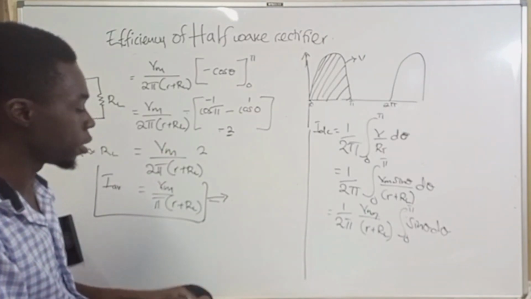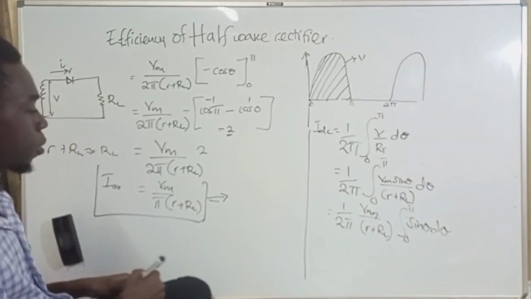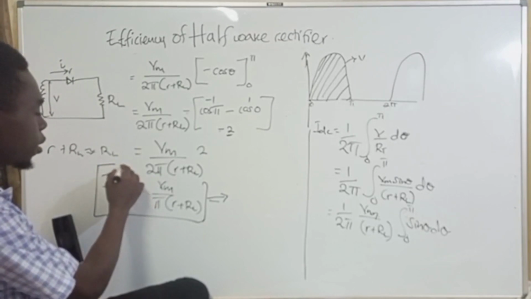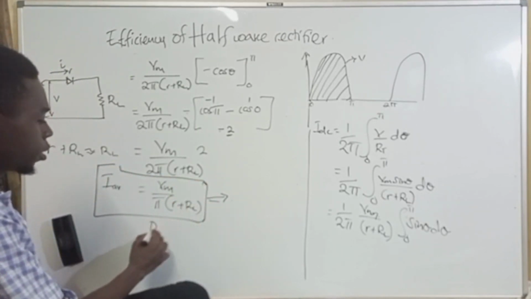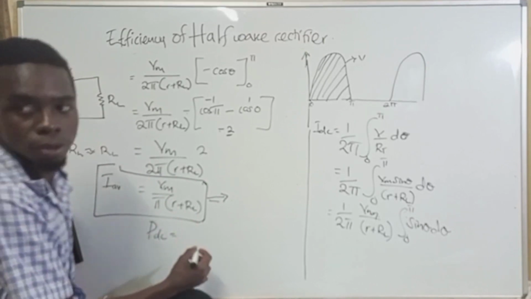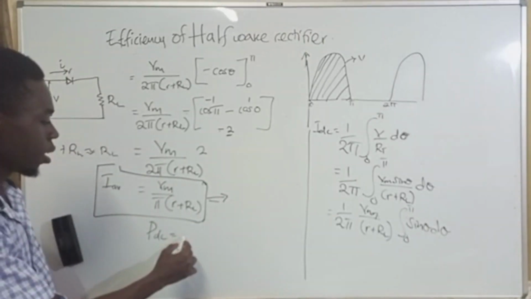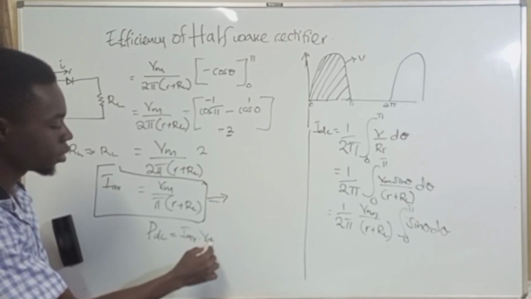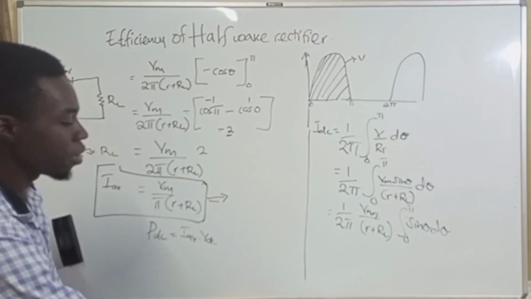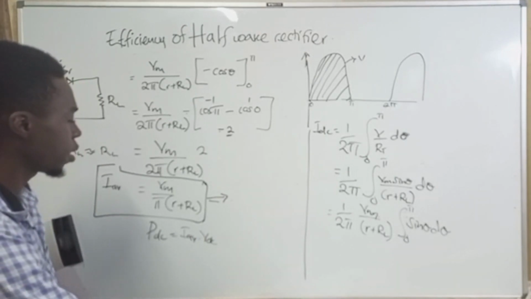When we write this aside, there are other values that we need to calculate. Remember, we said that PDC is equal to I average times VDC average, whereby VDC average can be given by something.